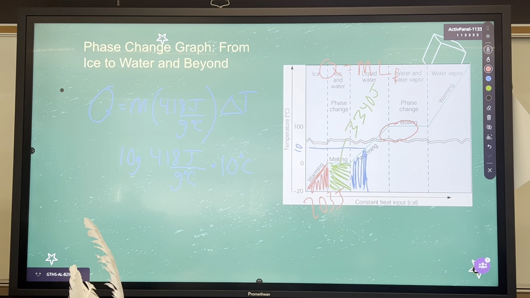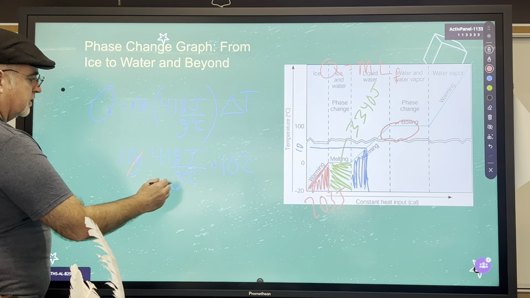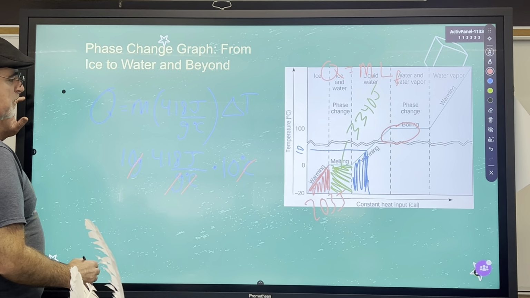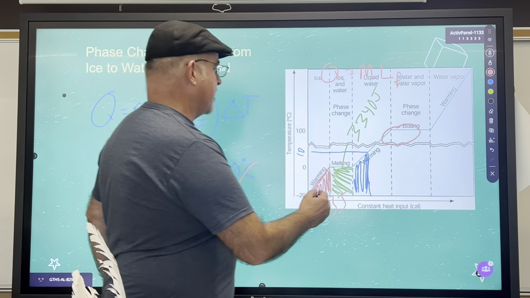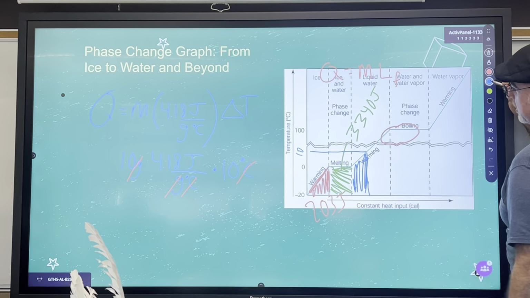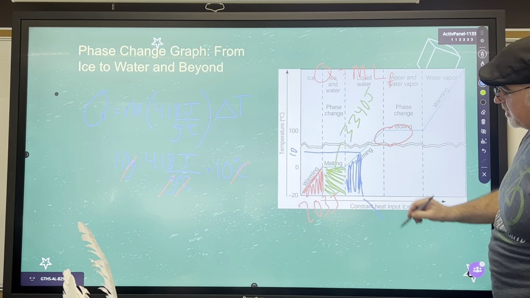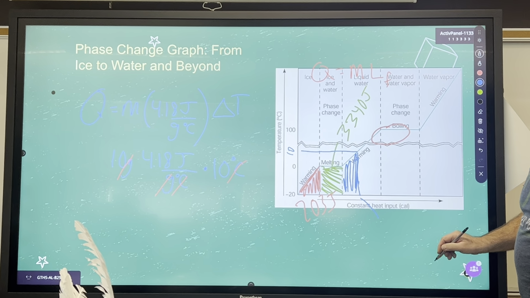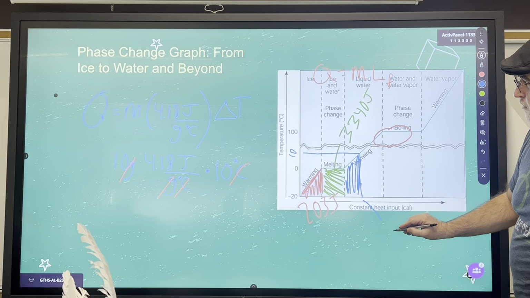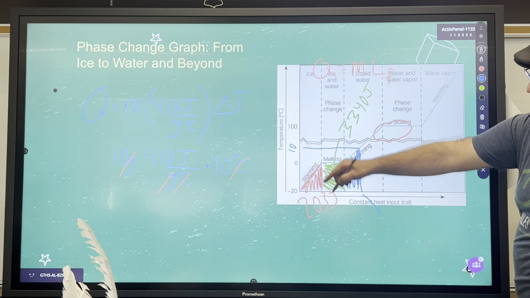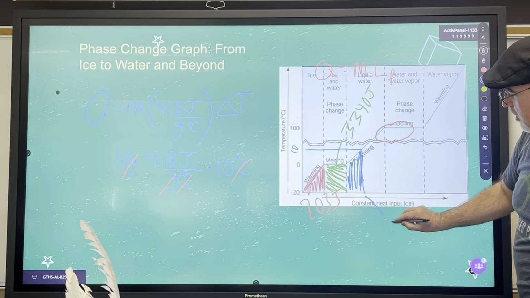There goes grams, there goes Celsius, and this is pretty easy because we've already calculated this. So what's our energy here that it takes to get it up to 10 degrees Celsius? 418.